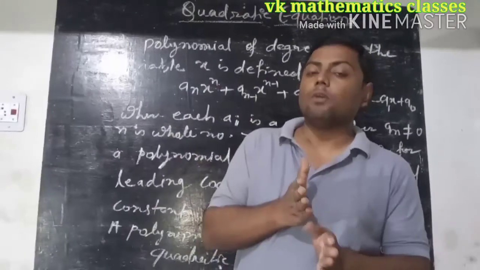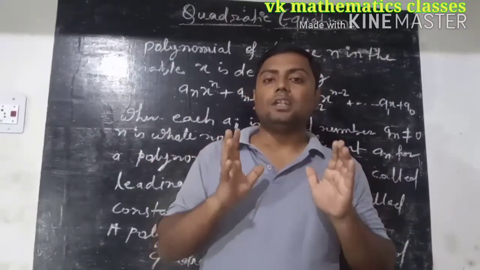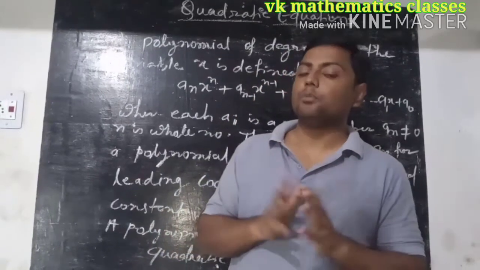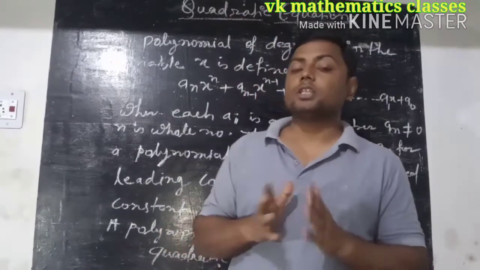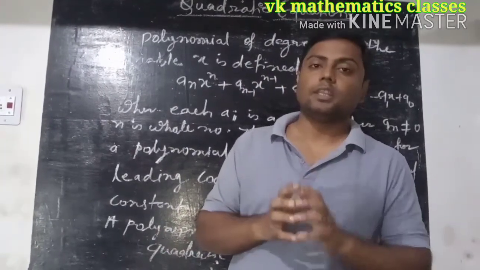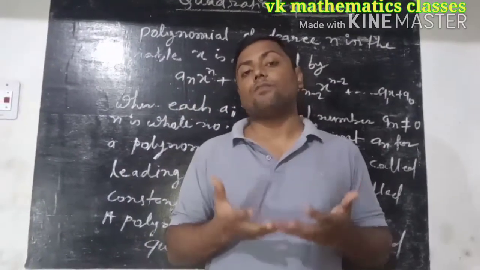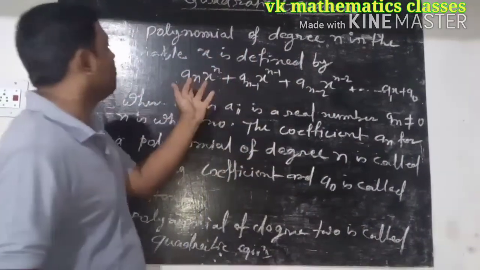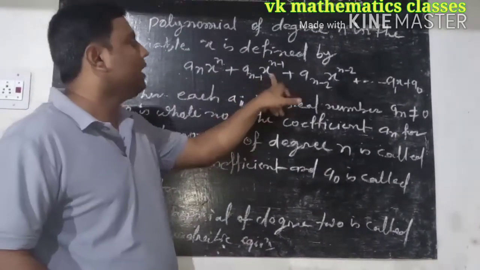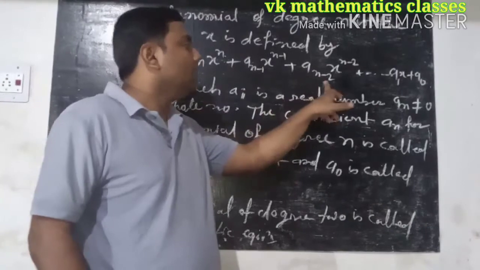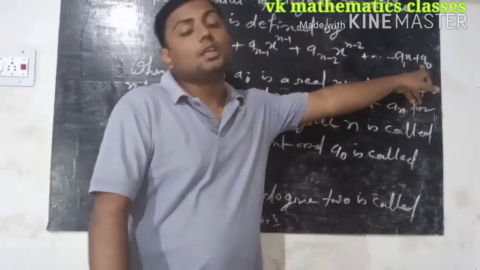Or in the form of polynomial, we know that a polynomial of degree 2, or the second degree polynomial, is known as quadratic equation. Now we discuss what is the polynomial. In class 9 or previous class, we read about an equation of the form a_n x^n plus a_(n-1) x^(n-1) plus a_(n-2) x^(n-2) plus ... plus a1 x plus a0.